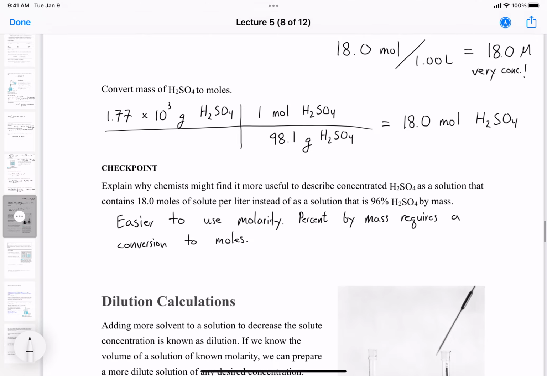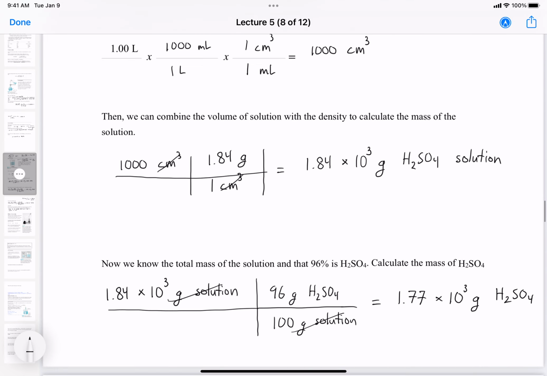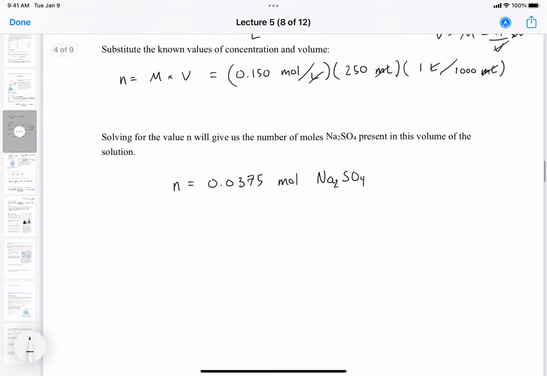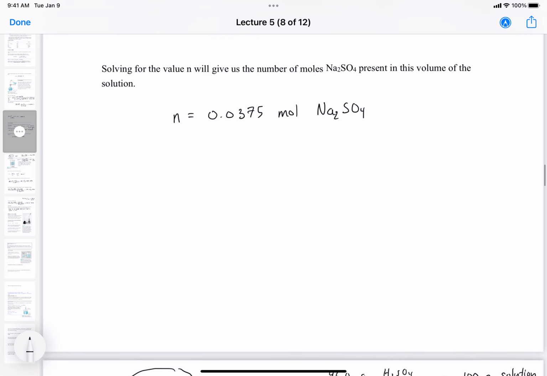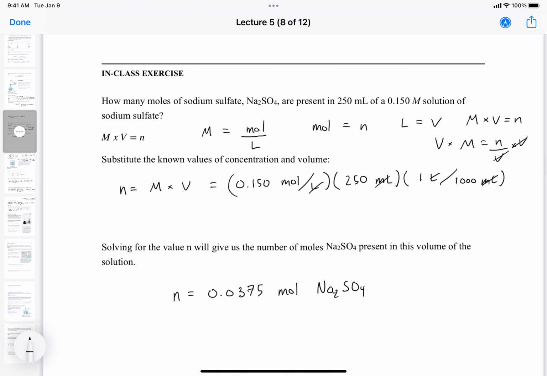If we go back here, this calculation took 1, 2, 3, 4 steps to calculate moles. If we compare this to the calculation before, when we have molarity, it was just a single step.